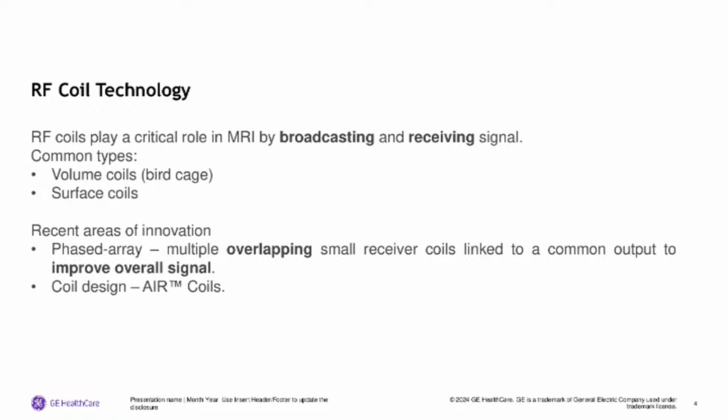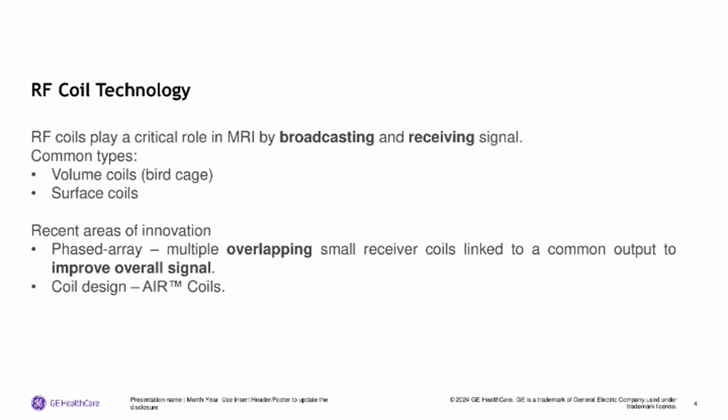And then another area of innovation was on the coil design, whereby we made a transition from the traditional coils to these new coils known as the air coils. If you've gone to any MR site, if you see the coils, they are normally hard and rigid.